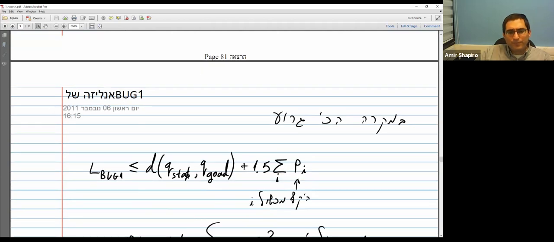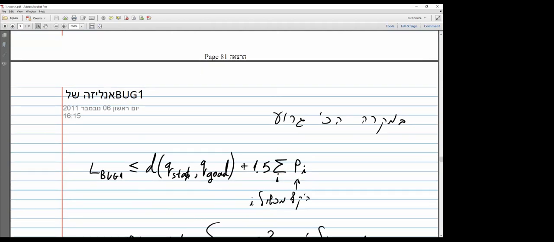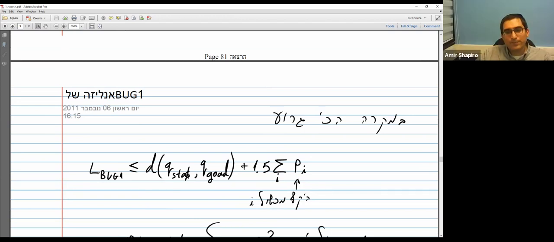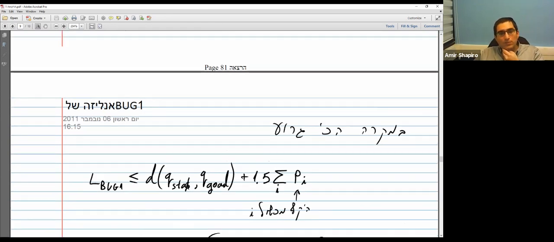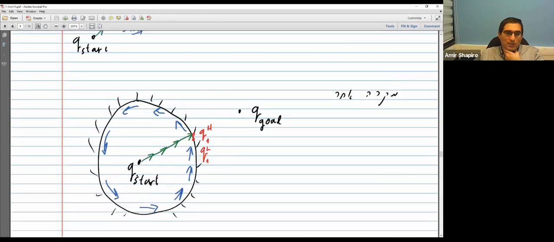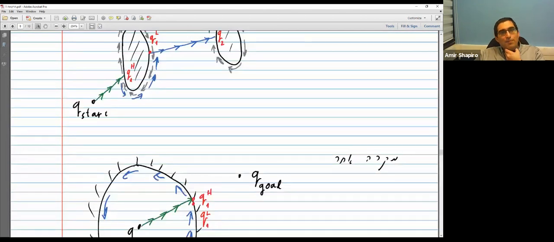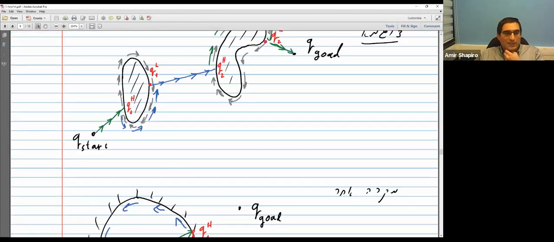In the worst case, the bug algorithm travels this amount: the distance between the start and goal, the minimal distance from start to goal, because it goes along the shortest line. But to this, we have to add at least 1.5 times circumnavigating all obstacles.